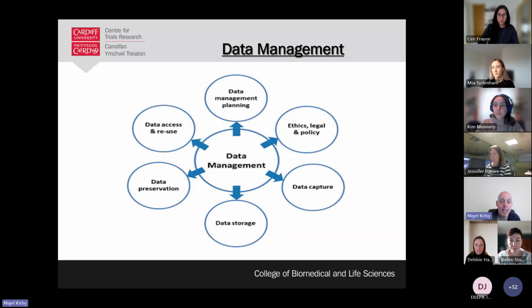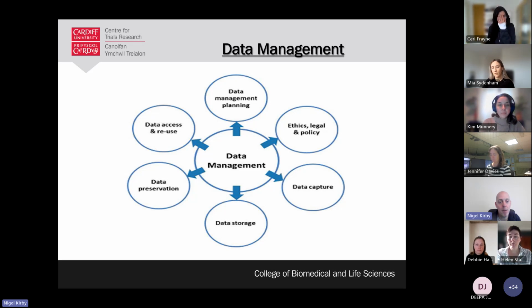Looking at ethics, legal policy, looking at things such as our General Data Protection Regulation, GCP, the HTA if we're using samples, and also making sure that we can justify all of the data that we're collecting.